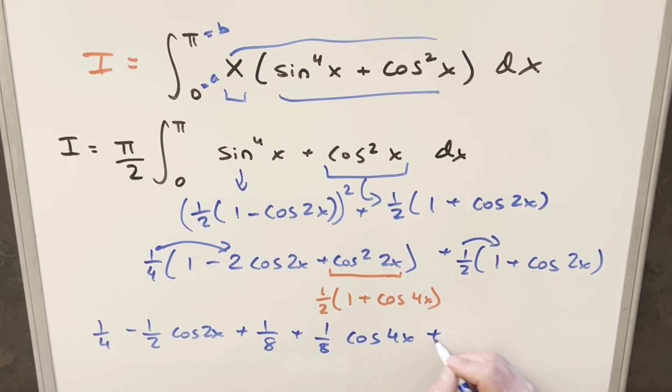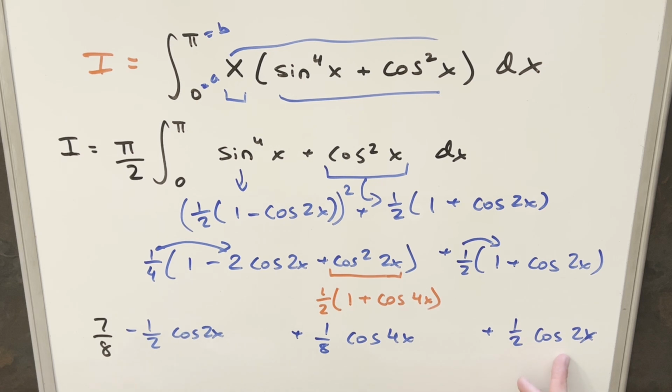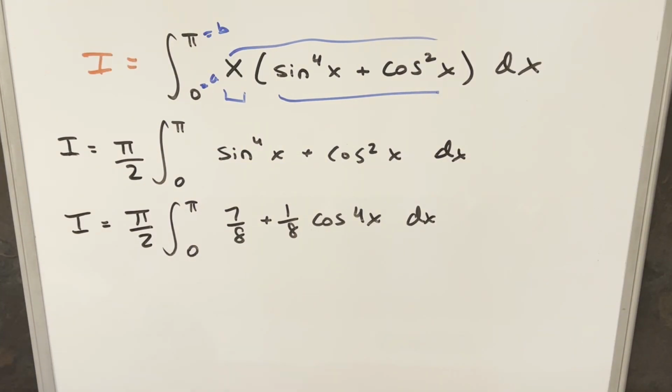And then here we're going to have a plus 1/2 plus 1/2 cosine 2x. If I combine all these constant terms, then this is going to become 7/8. Half cosine 2x minus half cosine 2x is going to be a 0. That goes away. And now let's just take this value right here, plug it back into the integral, and finish it off. And at this point, I think I'm ready to integrate.